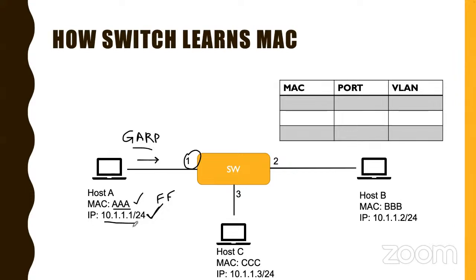I have assigned this IP address, so it will check whether anybody else is having the same IP address or not. If not, then it will initialize it as a legitimate address over here.